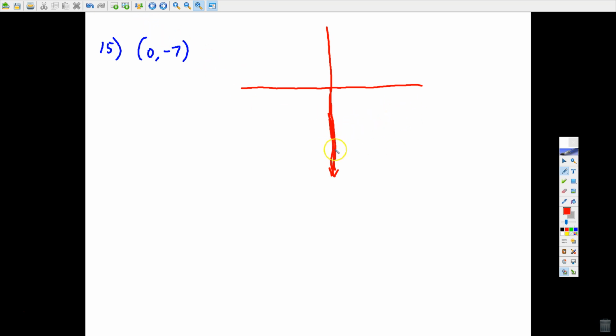Look back on your notes and look at what we did with sine, cosine, tangent, and all the reciprocals for the 270-degree angle, because any point that falls on the negative y-axis will have those same trig function values.